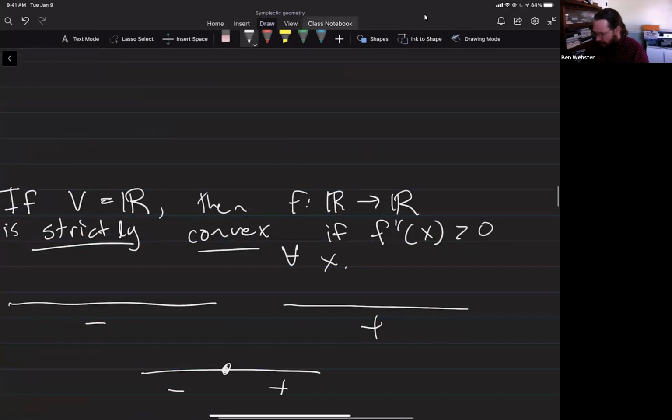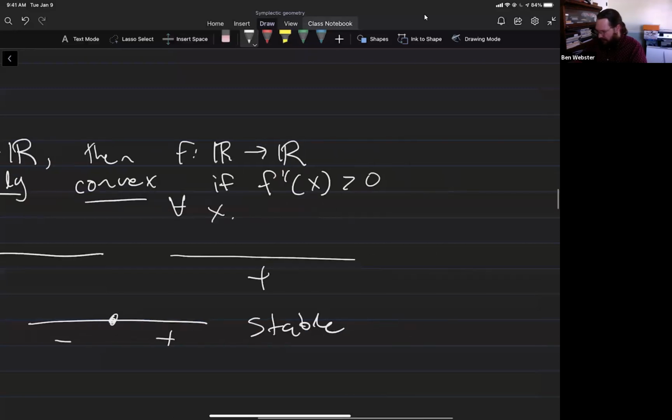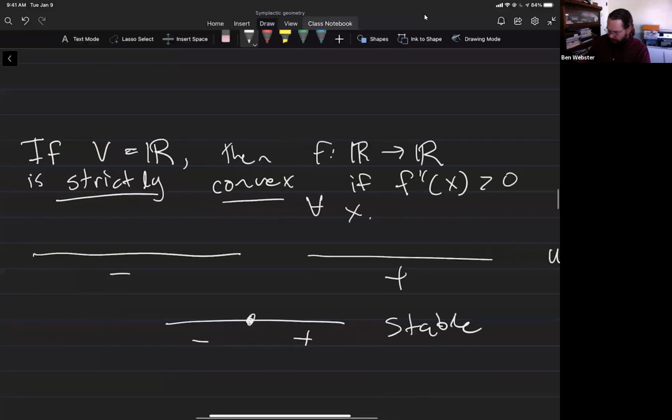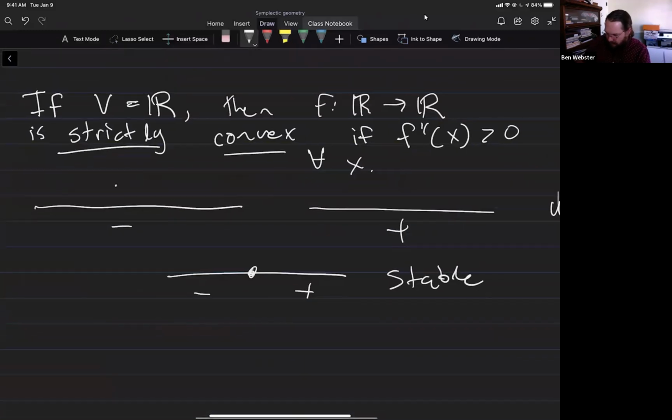So when I was talking about these functions here, this situation is stable and this situation is unstable. So examples of this would be e to the minus x, e to the x, and then x squared, which is kind of a happy medium between the two that actually has a minimum.